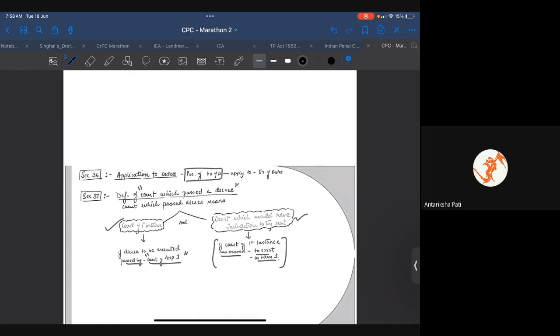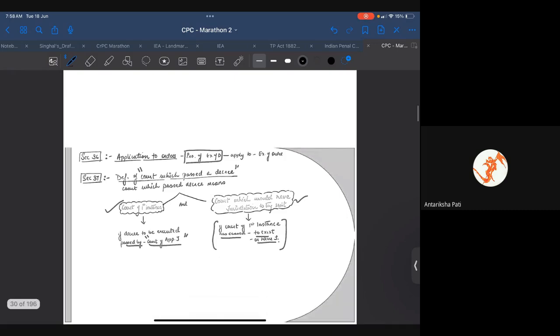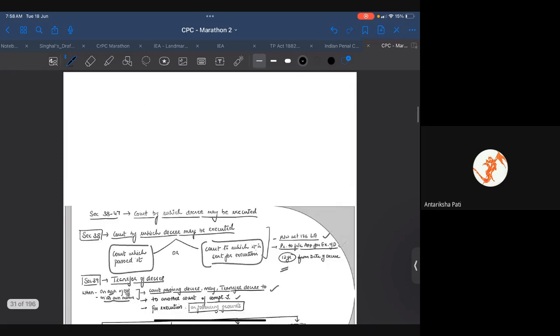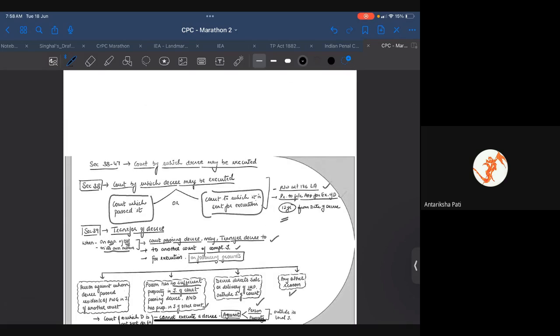Then later on, whichever court would have had the jurisdiction, that would be the court which passed the decree. Now 38 is the court by which a decree may be executed. It may be executed either by the court which passed it or the court to which it is sent for execution.